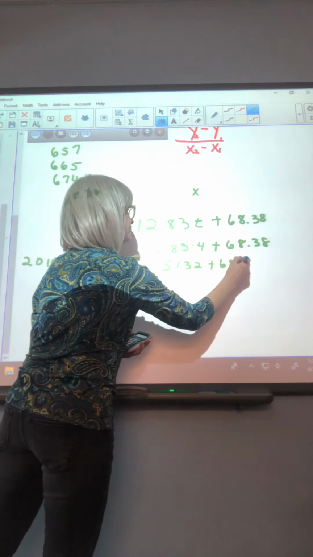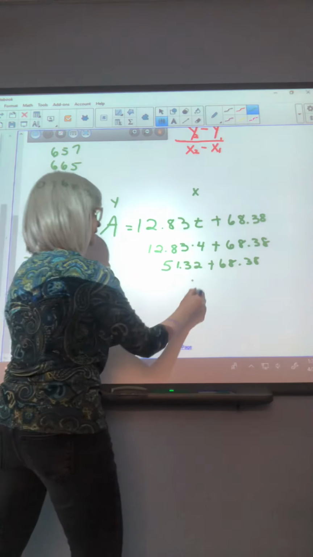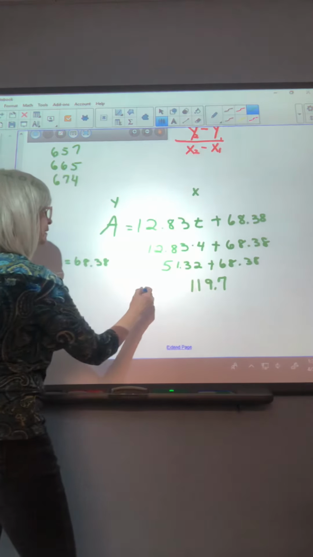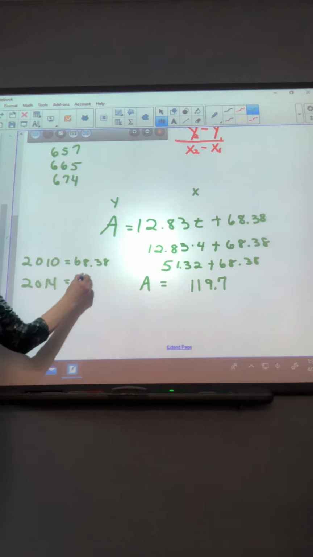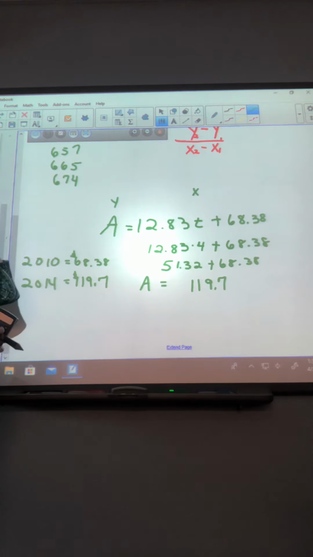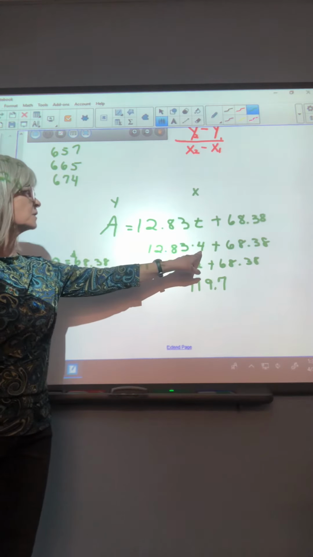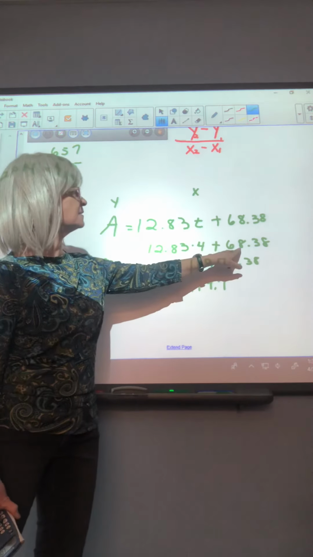And then we're going to add the 68.38 to that, and we get 119.7. So the amount that they spent is $119.7 billion. Might as well put dollar signs by those two, huh? Again, we took the time, which was 4 years, we multiplied it times our slope, and then we added that to the y-intercept.